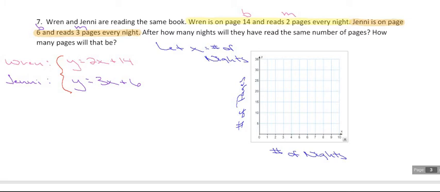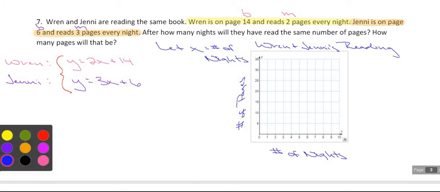And the overall situation is, I don't know, Ren and Jenny's reading. Doesn't always have to be pretty, but we just need an x and y axis label and a title for the overall situation.